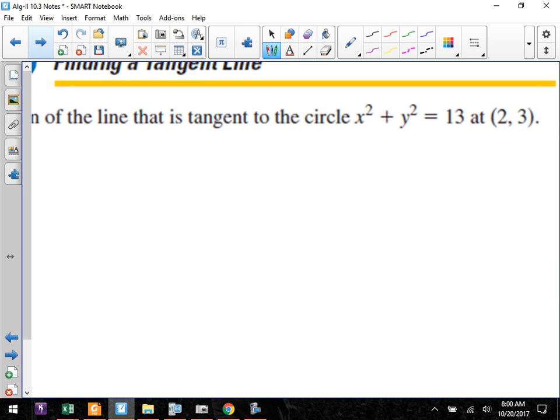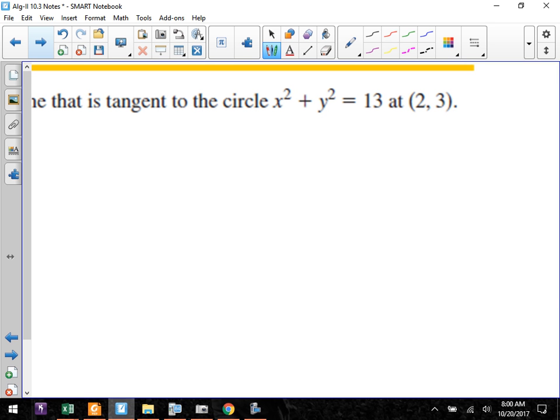All right. Let's write the equation of the line that's tangent to the circle at a specific point. What does tangent mean? Exactly, it touches the circle once.